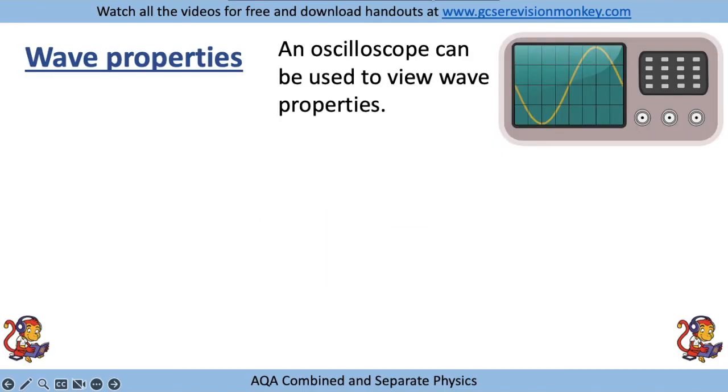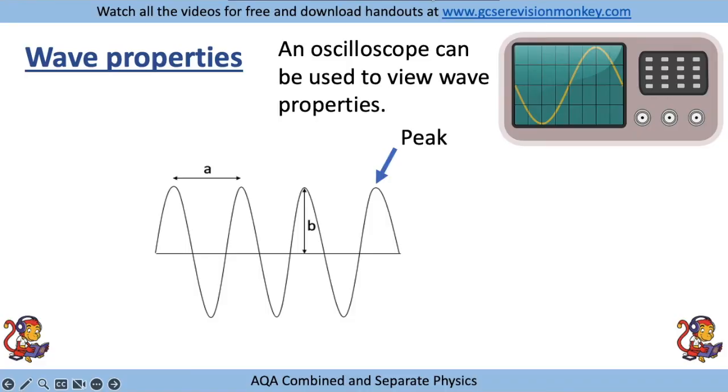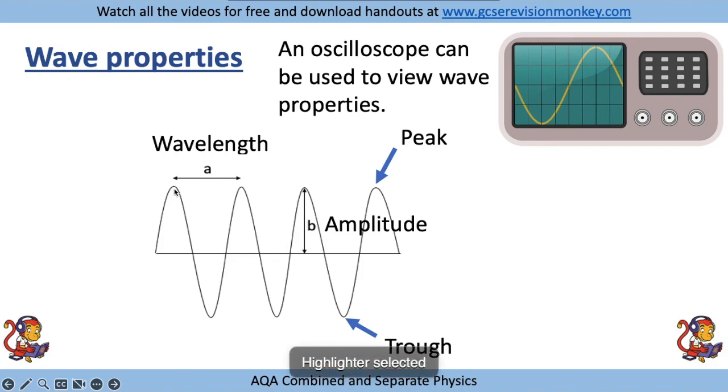An oscilloscope can be used to view wave properties. So you've got the peak and the trough. A represents a wavelength and B represents the amplitude of the wave. So one complete wave is where you start from one point, go down and up again to the same point.